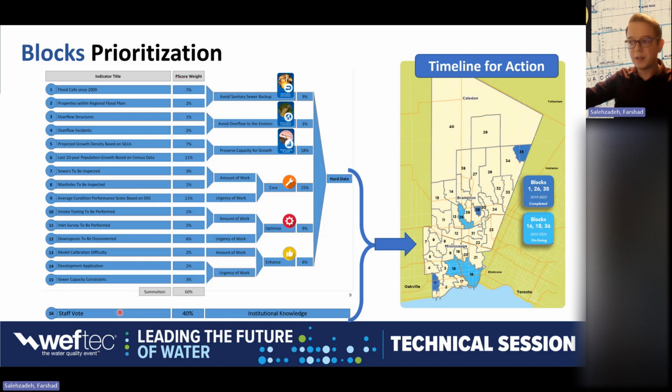We've also incorporated the institutional knowledge carried by our staff into the process. You put all of that together, you get a score for each of the blocks, and naturally the ones that rise to the top are going to be the one that get the priority. That 5% collective effort that we are going to put aside would be directed in those.